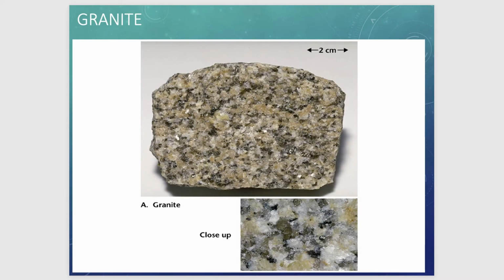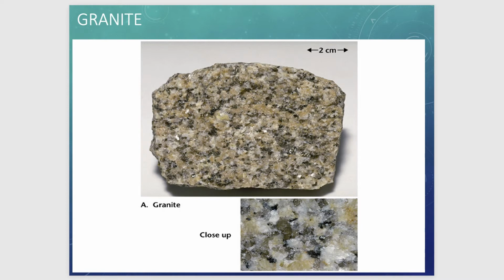So it's important to look at a comparison between volcanic and plutonic rocks. In this case, we are looking at a plutonic rock, which is a rock that forms at significant depth, usually more than 2 kilometers down, and therefore it has time for crystallization.